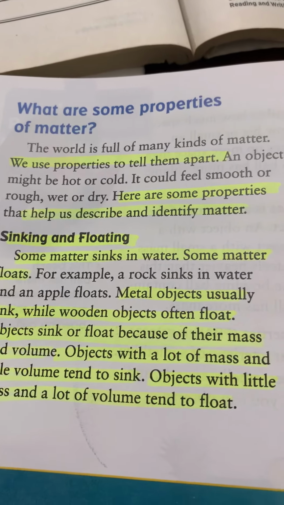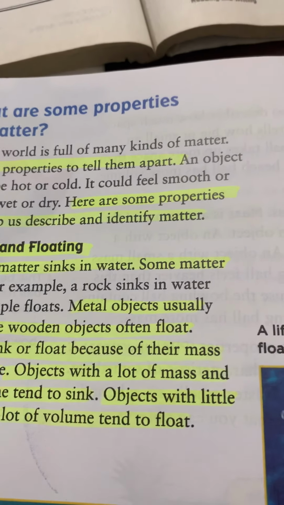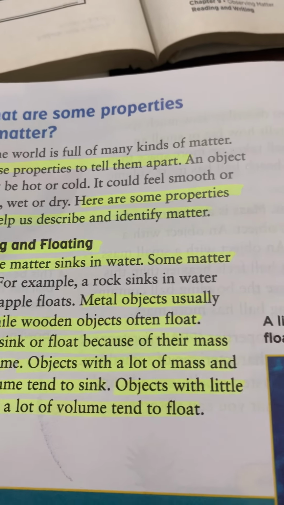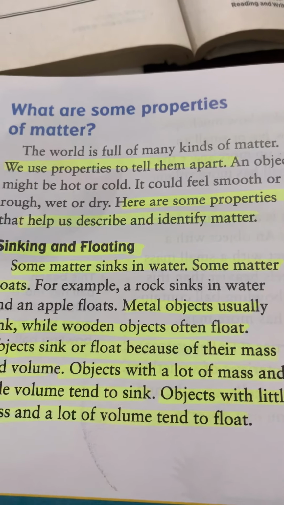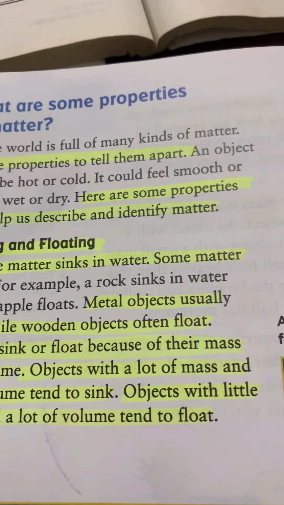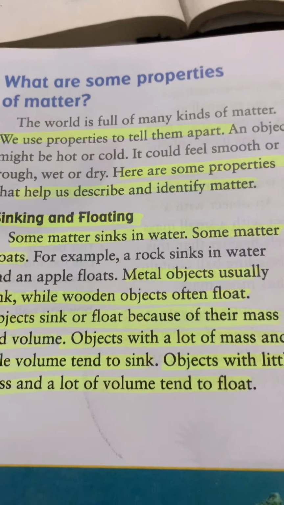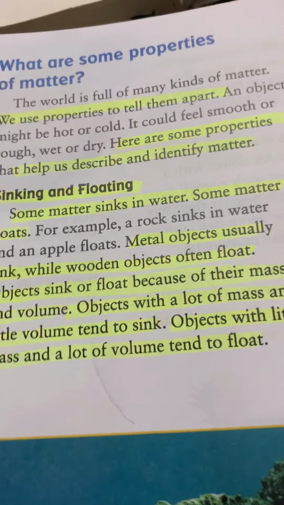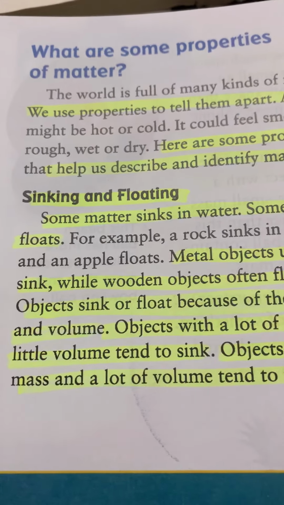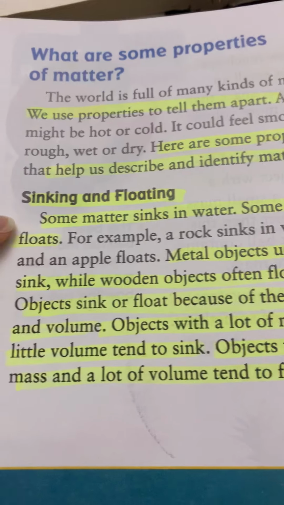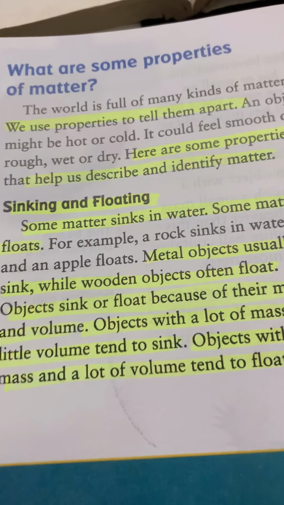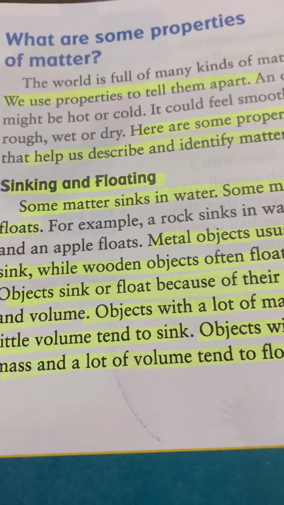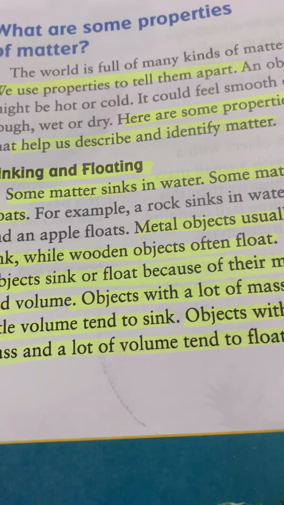What are some properties of matter? How can I differentiate between the matters around us? So the properties of a matter make them different, okay? The first property that I can use to describe or to differentiate matter is how they sink and float.